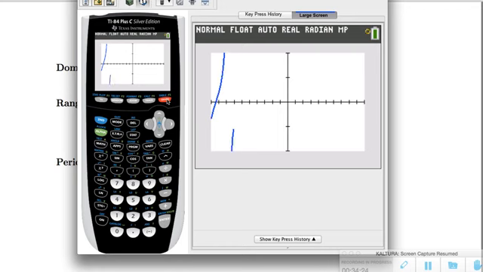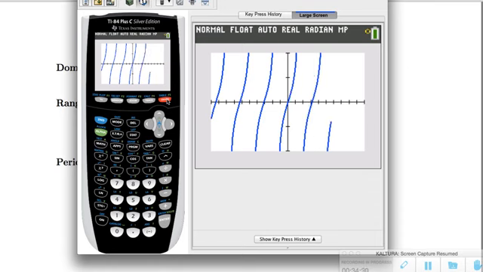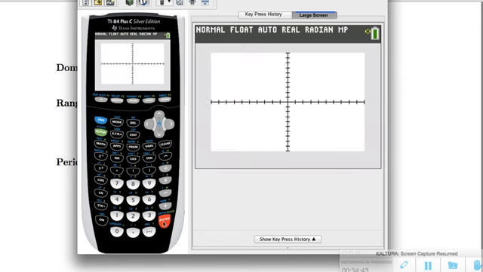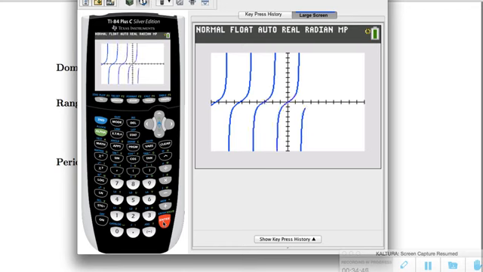Let's see what that's going to look like. The tangent function looks like that. We might even want to zoom back into a standard window to get a better look, so go back to the 10 by 10 window, and you can get a good picture of what's happening.